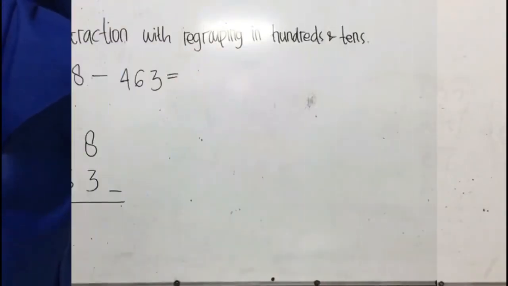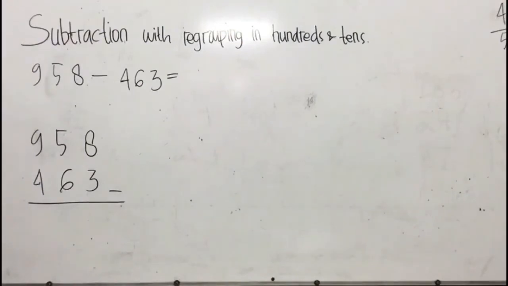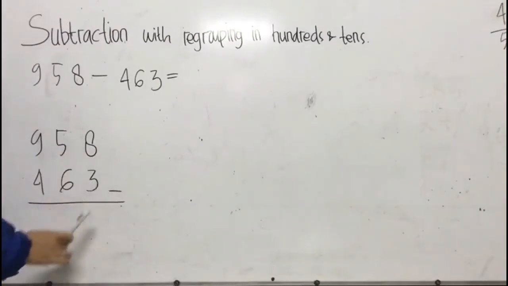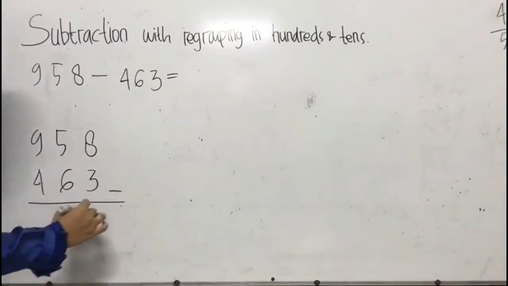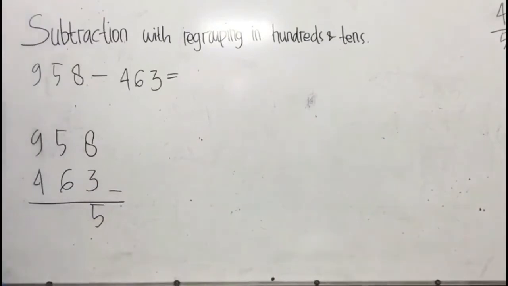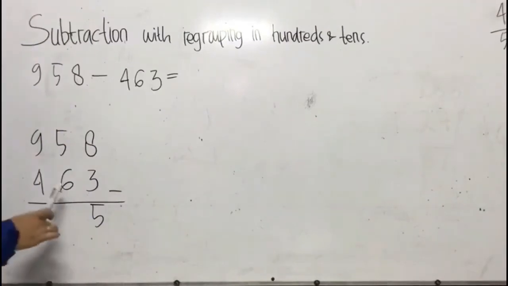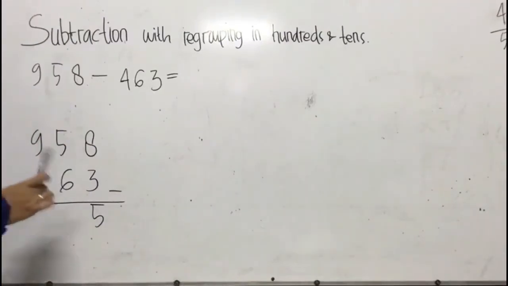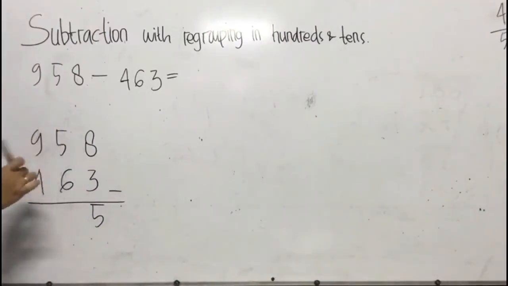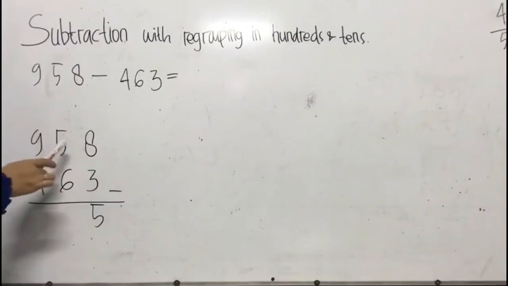Okay sayang, first we need to subtract the ones. 8 ones minus 3 ones equals 5. And then subtract the tens. We cannot subtract 6 tenths from 5 tenths. So we regroup 100 into 10 tenths.